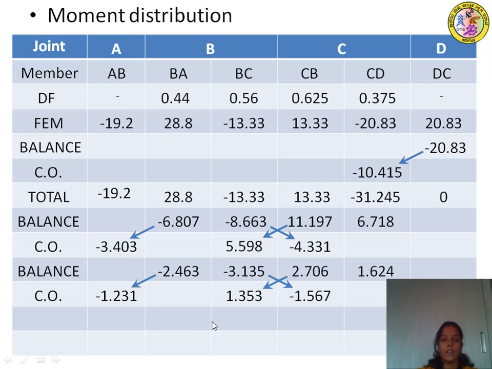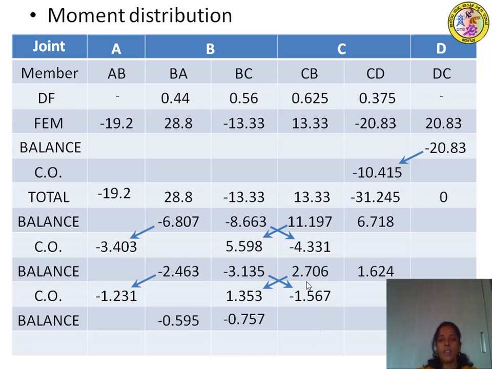So next is again balancing. Joint B is imbalanced by plus 1.353. Therefore, the balancing moment will be minus 1.353, distributed according to the distribution factors. Minus 1.353 into 0.44 will be equal to minus 0.595, and minus 1.353 into 0.56 will be equal to minus 0.757.